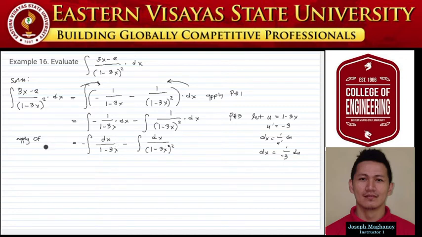So if we apply CF, our correction factor in both sides, our dx is negative 1/3 du over 1 minus 3x and negative 1/3 du over 1 minus 3x squared.